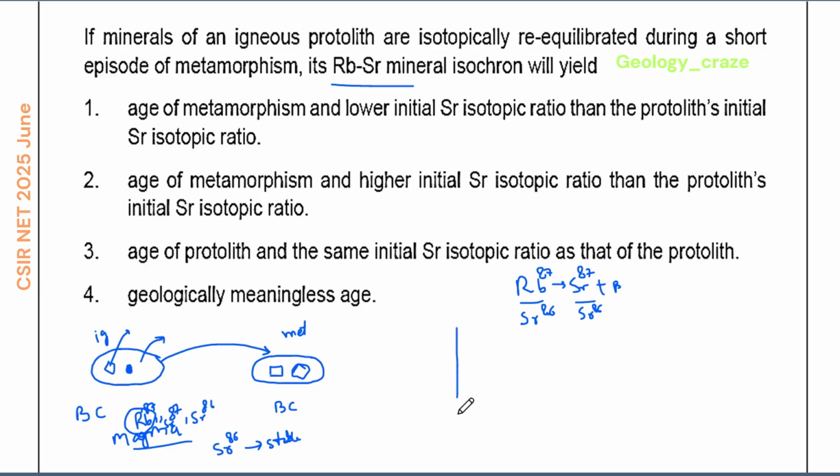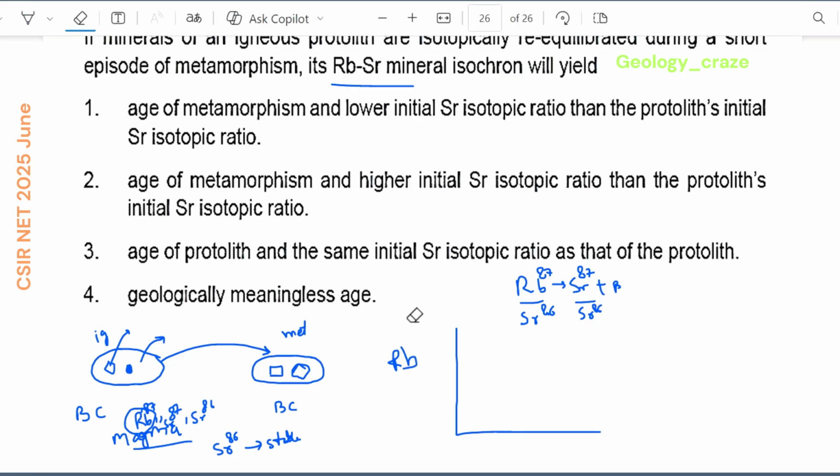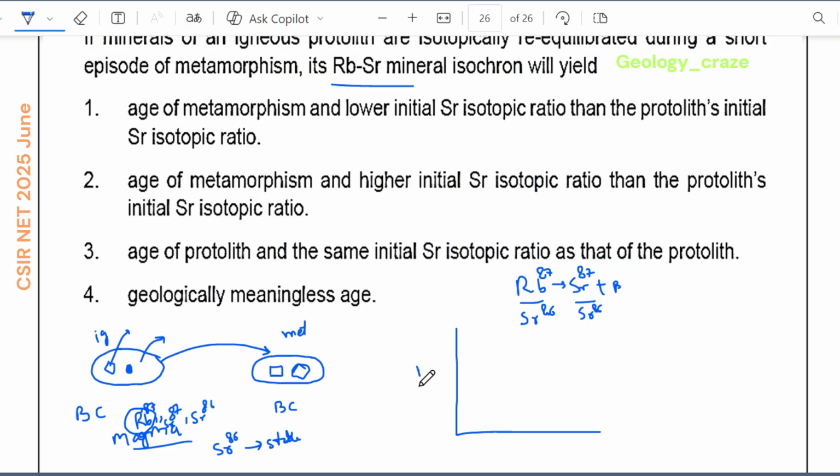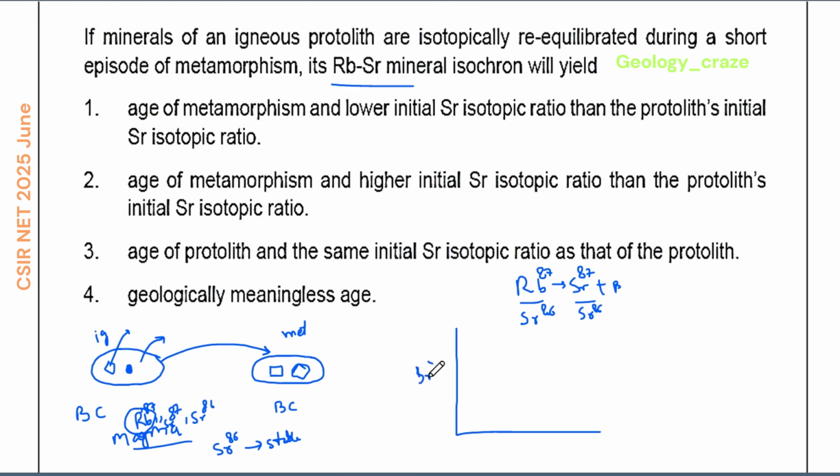We'll plot these values in our graph: Rb-87 by Sr-86 on one axis and Sr-87 by Sr-86 on the other.